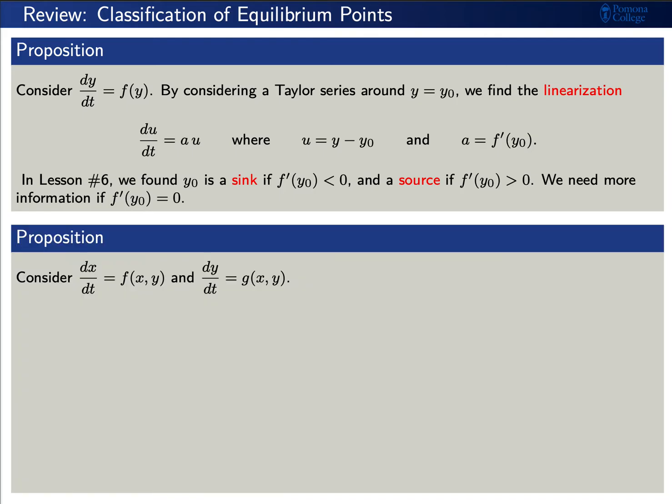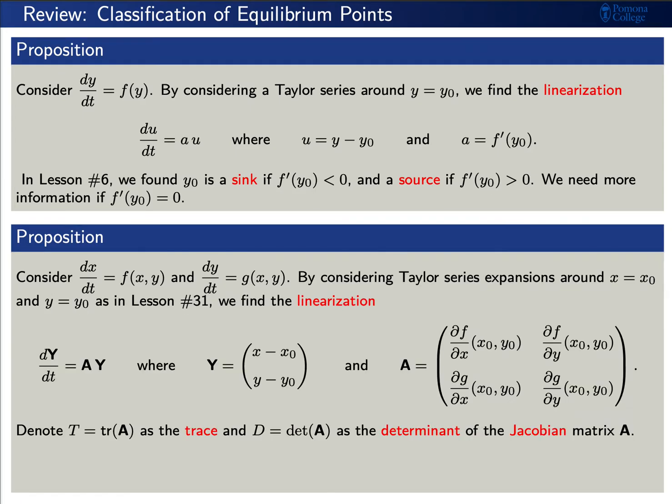Now let's consider a two-dimensional autonomous system. dx/dt equals f of x, y and dy/dt equals g of x, y. Let's now say that we have an equilibrium point corresponding to (x0, y0). By looking at the ideas from lesson 31, we may consider a Taylor series expansion around this equilibrium point to find the following linearization.